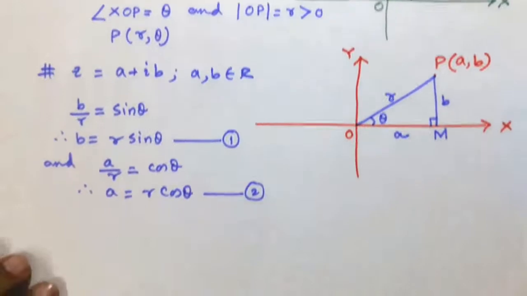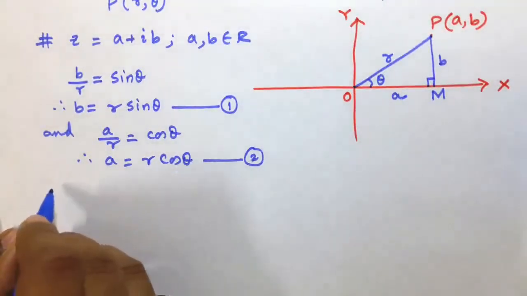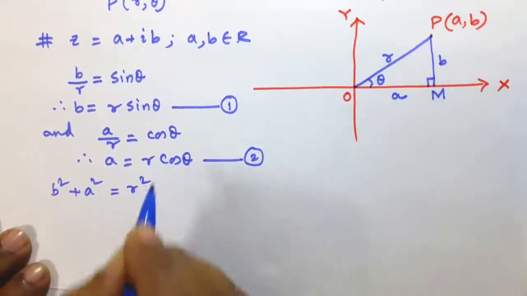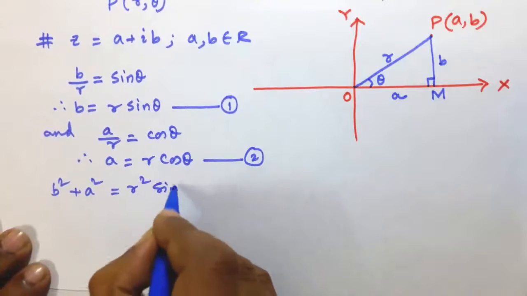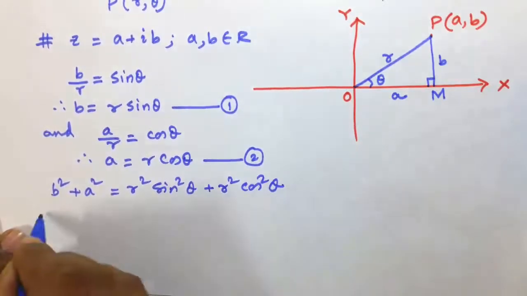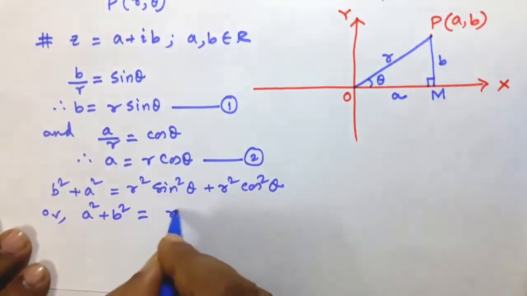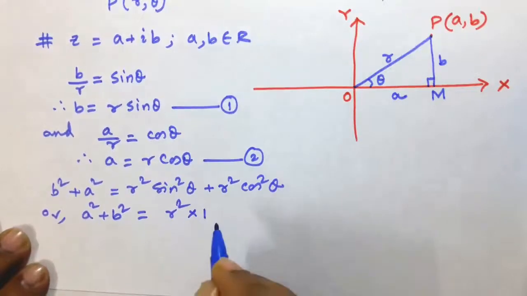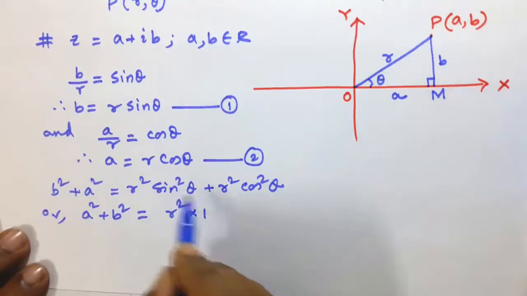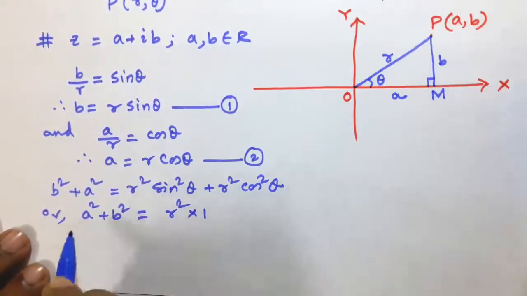Now, squaring and adding, we find b square plus a square is equal to r square sin square theta plus r square cos square theta, or a square plus b square is equal to r square into 1, because if you take r square common, you will find in bracket sin square theta plus cos square theta, which is equal to 1.